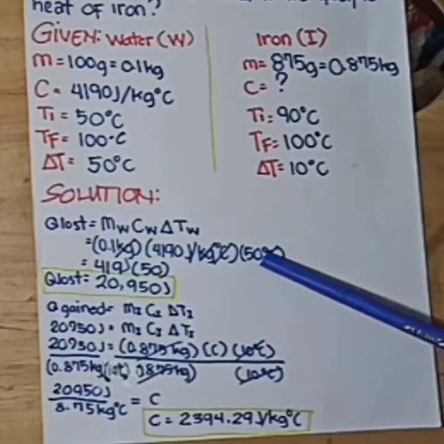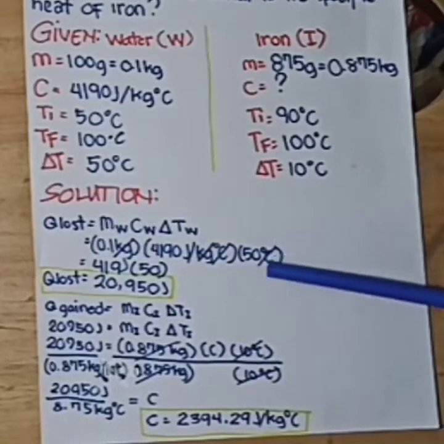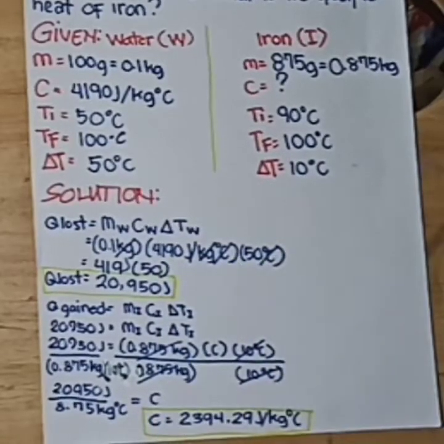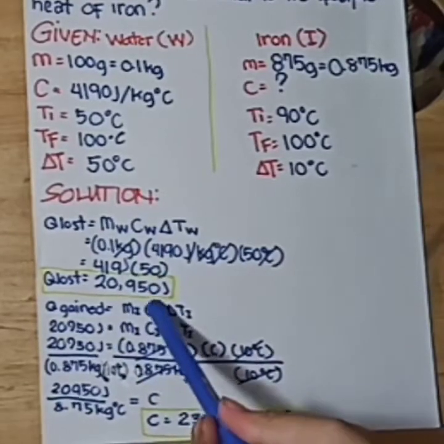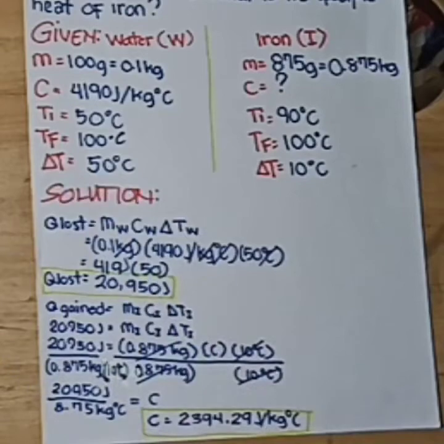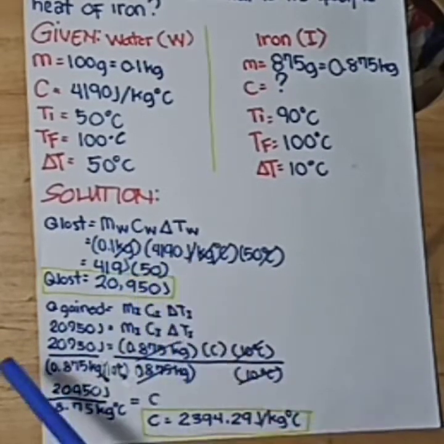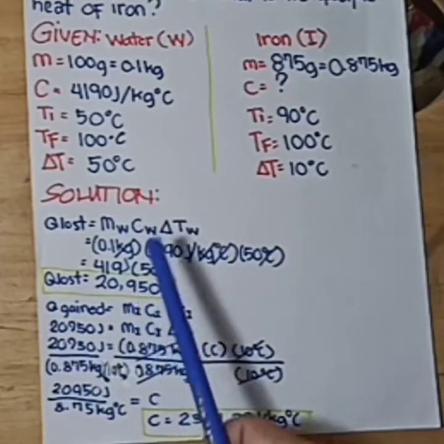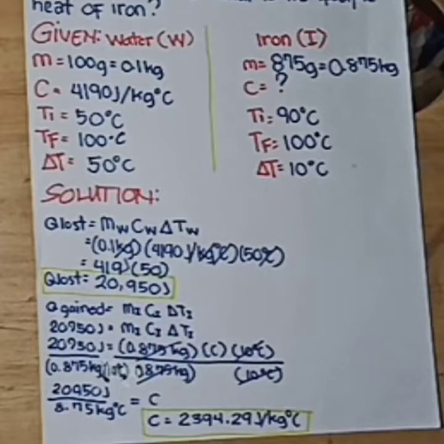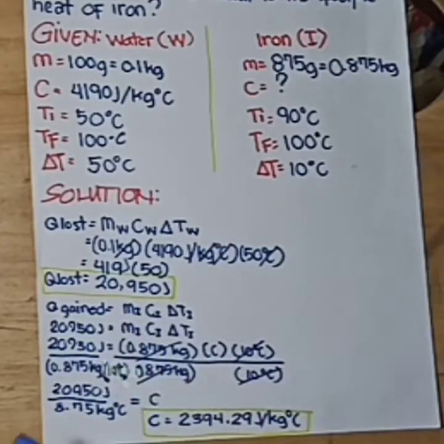We just copy the 50 here because the unit is already canceled out. Then we multiply 419 joules times 50, which is equal to 20,950 joules. Next, we find the Q gain.